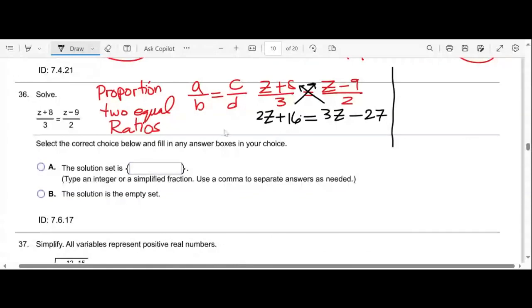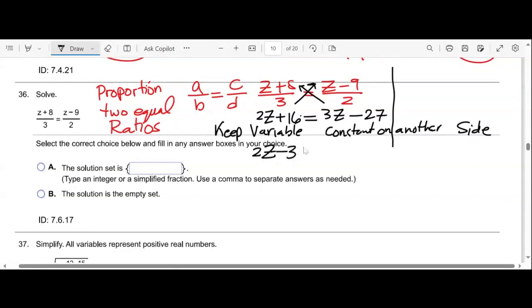Now we have to keep the variable on one side and the constant on another side. So this is 2z minus 3z equals negative 27 minus 16.